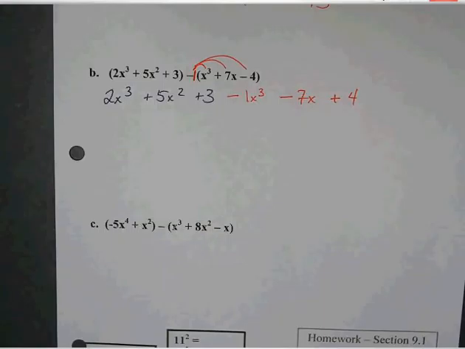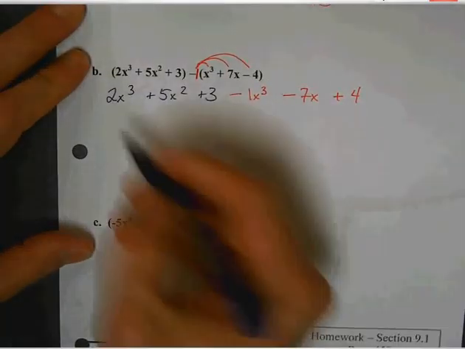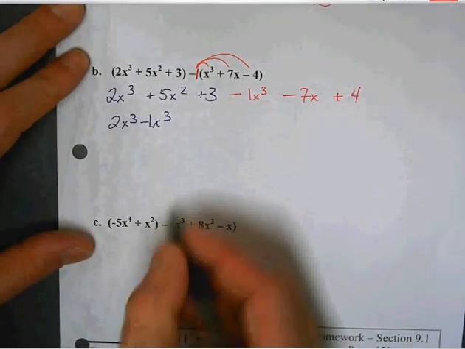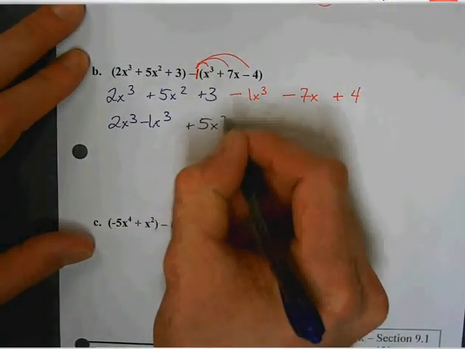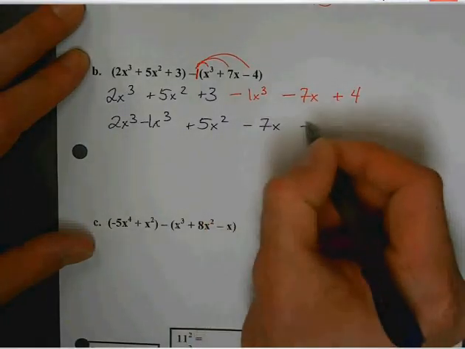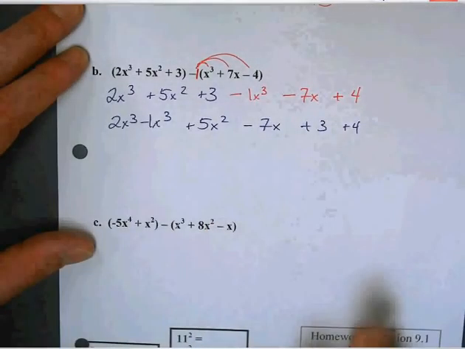All right, now that we've distributed and got rid of the parentheses, now we can group. Here's my cubes: 2x cubed minus 1x cubed. 5x squared. Negative 7x plus 3 plus 4.